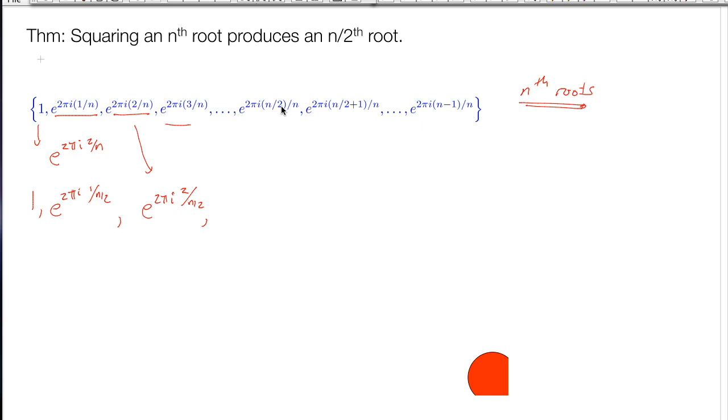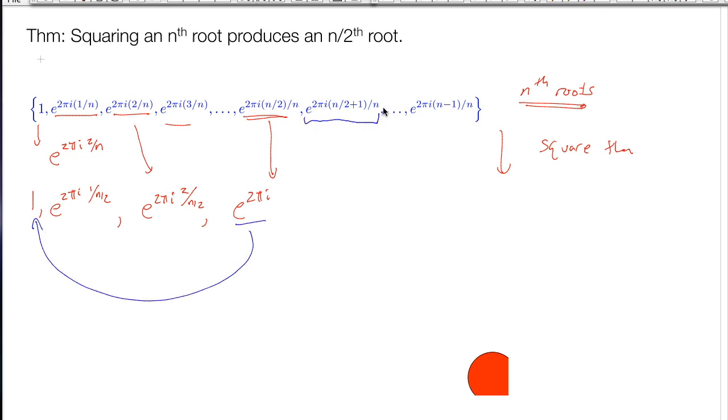That will continue all the way until you get to this term, n over 2 over n. When you square this one right here, you basically get e to the 2 pi i again, which is 1. This is equal to 1 right there. And you'll see that when you square these things, they also go right back to where they started. So, for example, take e to the 2 pi i times n over 2 plus 1 over n.